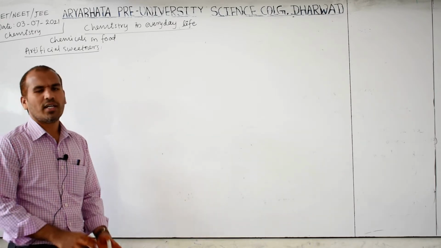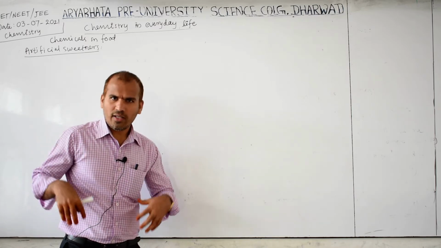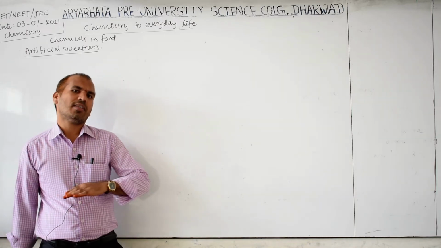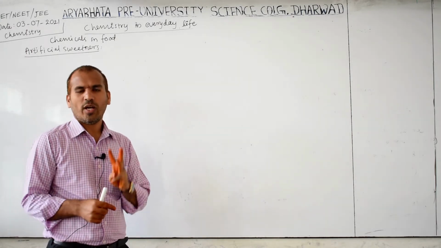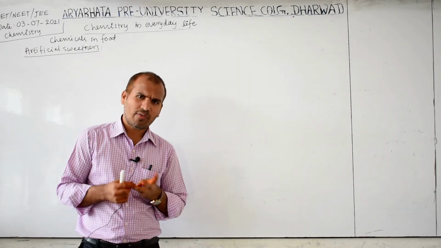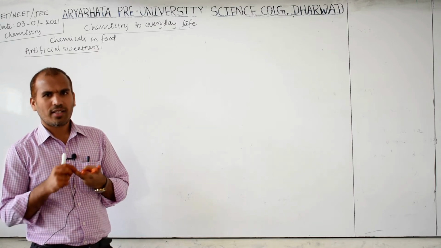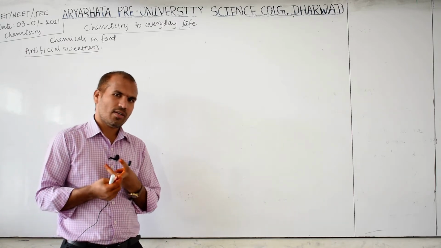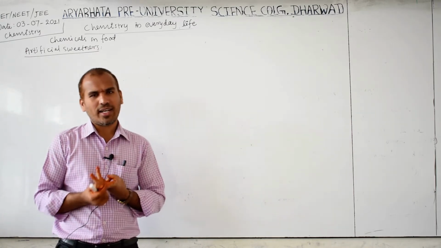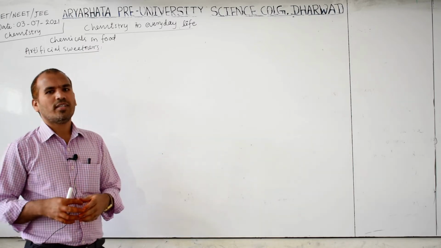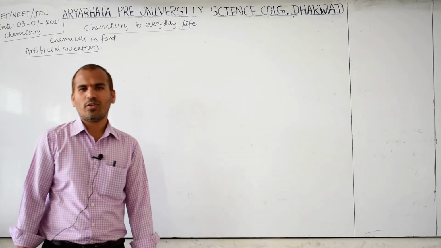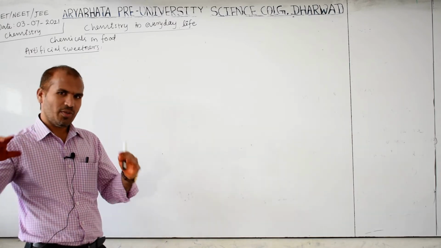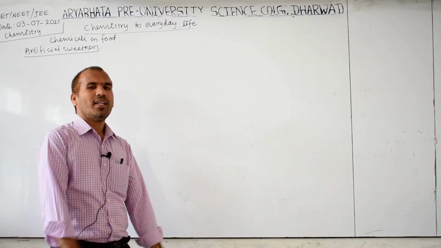Somewhere I heard that to avoid many problems after the age of 35, you have to avoid three whites. Three whites means one is sugar, which is white in color, another is salt, which is also white, and another is rice. If you avoid these, then your health problems will be reduced. I don't want to say don't eat rice, you can eat, but in less quantity.